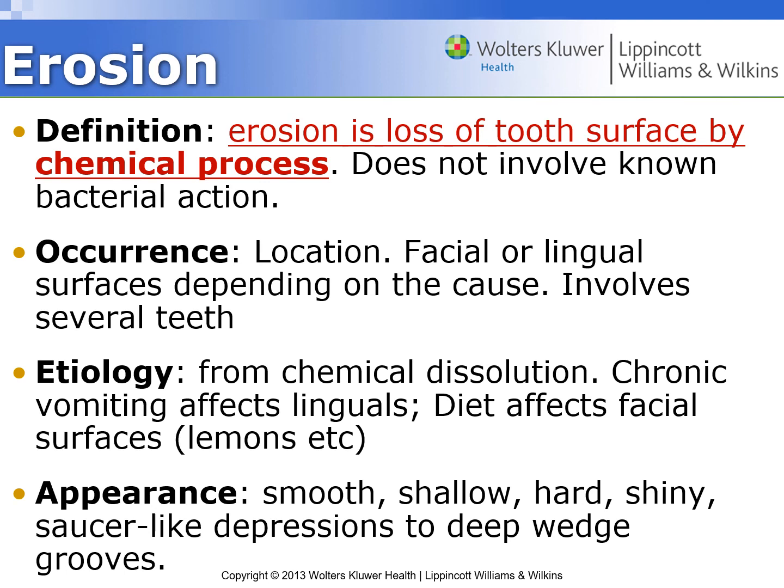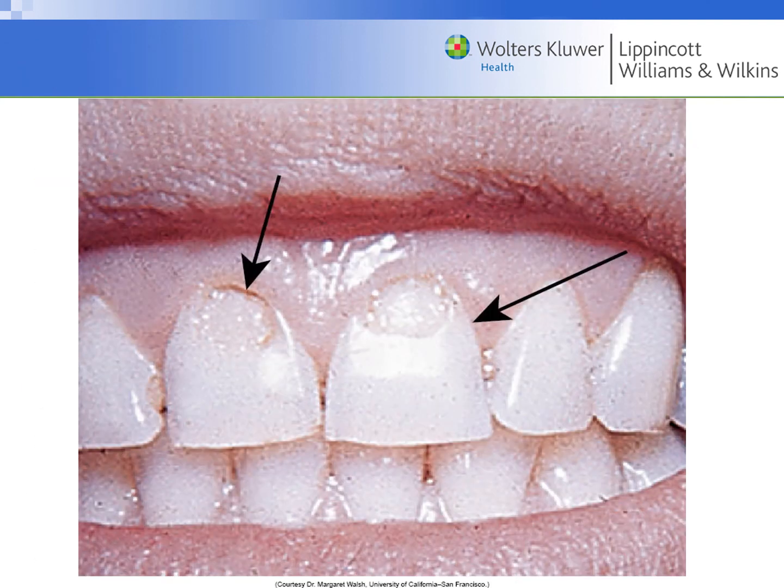And so they've got that acidic fruit on their teeth, and that chemical can cause that look. It can be smooth, shallow, hard, shiny, saucer-like depressions, all the way to a deep wedge and lots of grooves. So this is acidic right here.